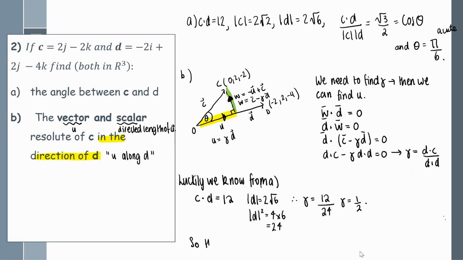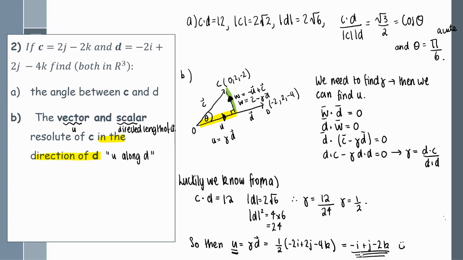This is nice. Therefore, U, our vector resolute, is equal to a half of vector D, or a half times minus 2i plus 2j minus 4k. If you expand that, you can write it as minus i plus j minus 2k.